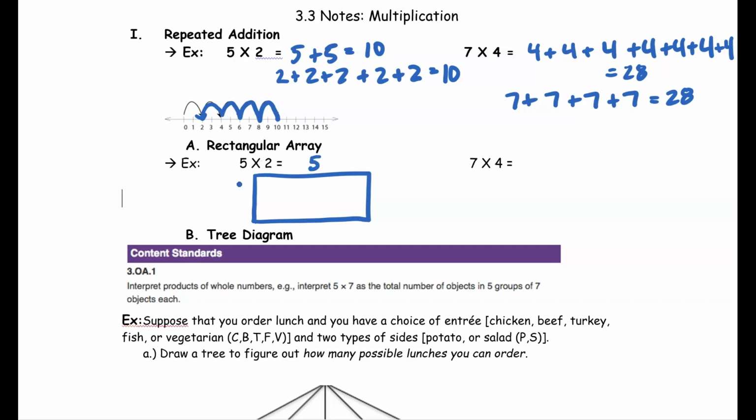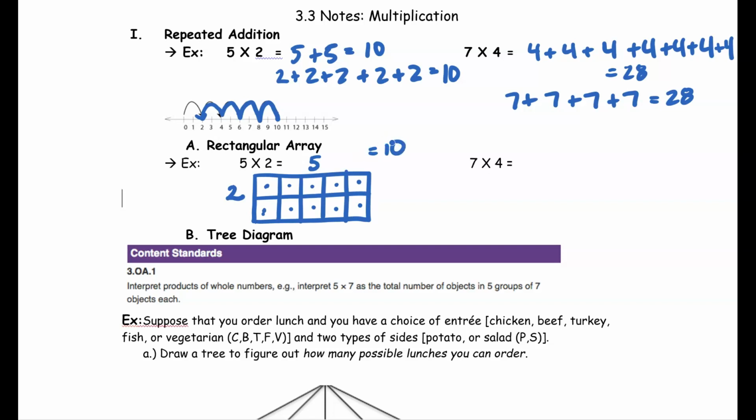What I mean by that is one side we're going to label with 5, the other 2 to represent 5 times 2, and let's try to make it so that there are 2 boxes on this side, and 5 on here. So we've got 5 across and 2 down, and all together we can count how many we have, and we end up getting 10.